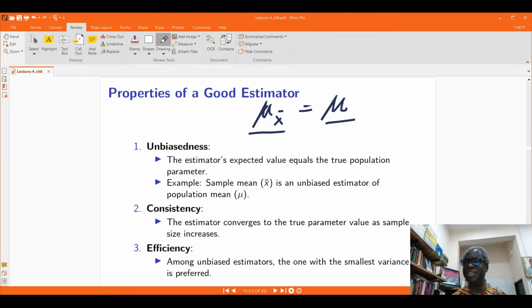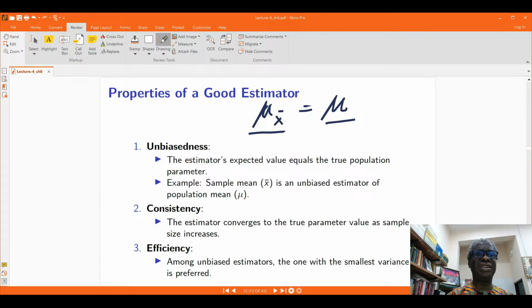Another property is the consistency property. The consistency property is about the sample size, and it says that as the sample size increases, in other words, as you take more and more samples, the estimator becomes more accurate and converges to the true parameter value.